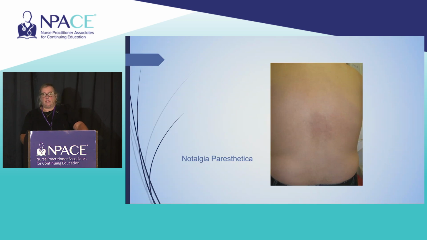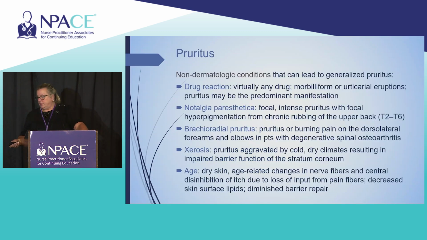So patients who have this profound, insatiable itch in those locations have had some sort of nerve impingement. They fell off a ladder, fell off a horse, a motor vehicle accident, whatever, and it has pinched a nerve in the T2 to T6 area of the back or at the forearm.